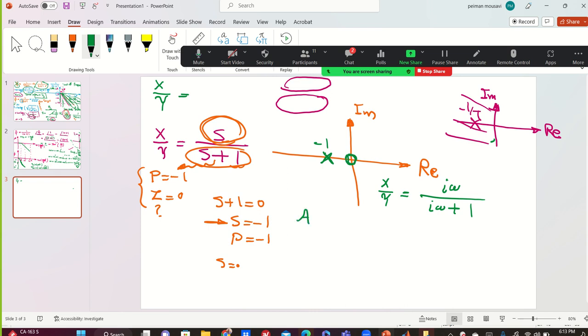So next class, I'm gonna plot log of omega square over omega square plus 1, and I'm gonna plot x over y to teach you another system. Clear, everybody? Yes?